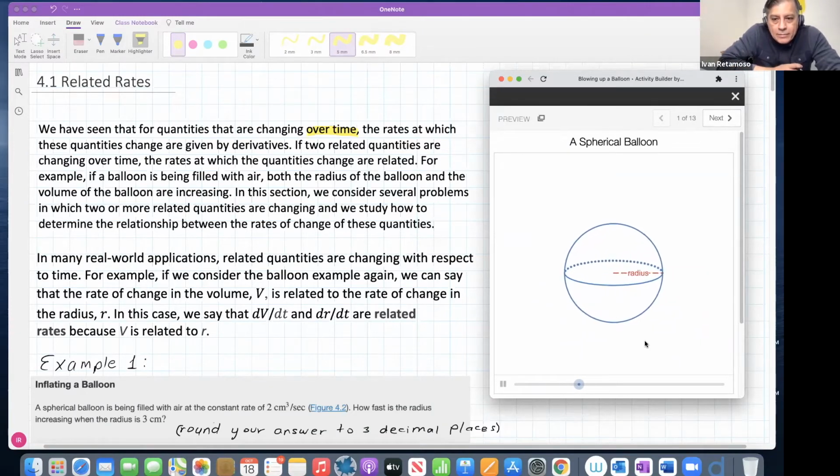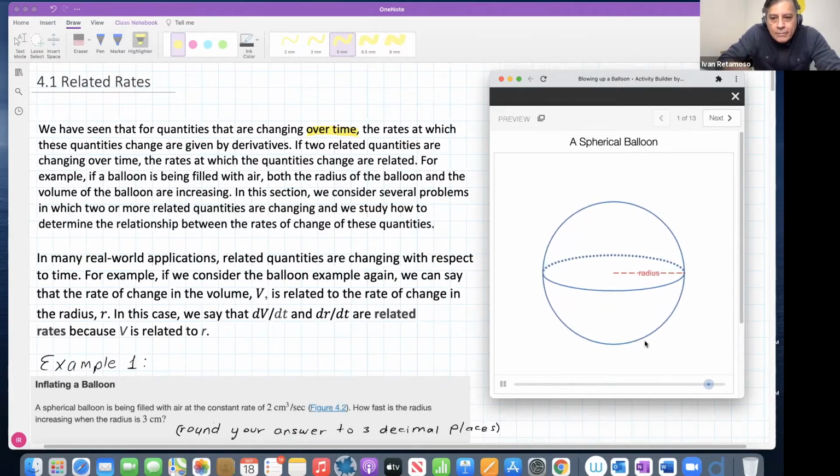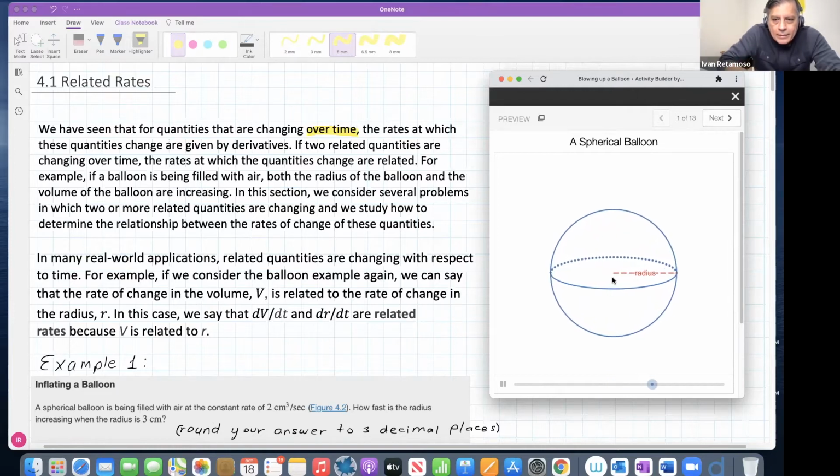So again, you can play around with that animation. In this section, quantities are changing over time, and you have to play these animations in your mind for different situations, but this is one of the examples.